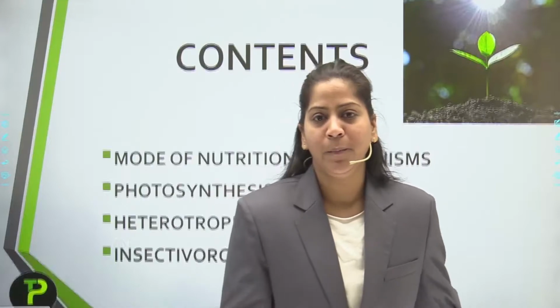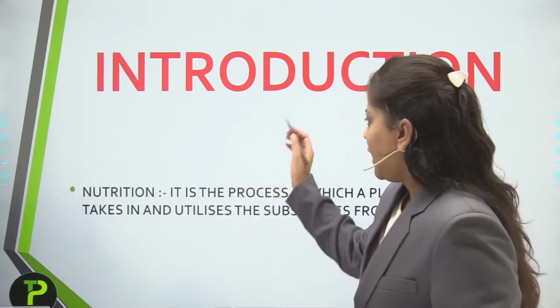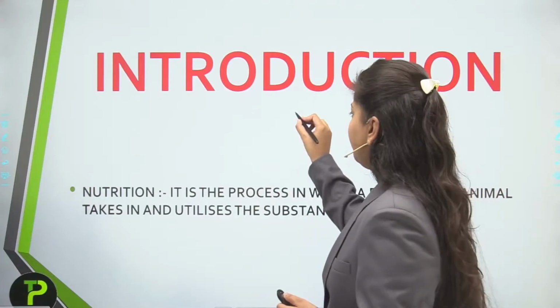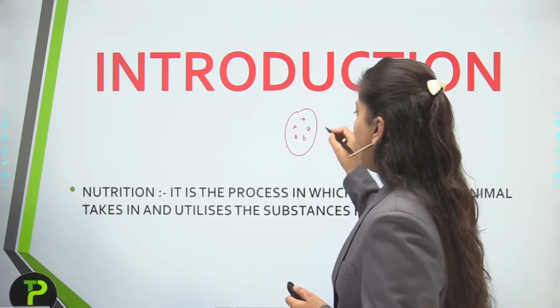Let's move forward. Now what is nutrition? What is nutrition and how do we get it? So here is a definition. Nutrition is the process by which an organism takes in food and utilizes the contents or components present in the food. Basically, what I'm saying is, if a person eats food, that food contains some components.